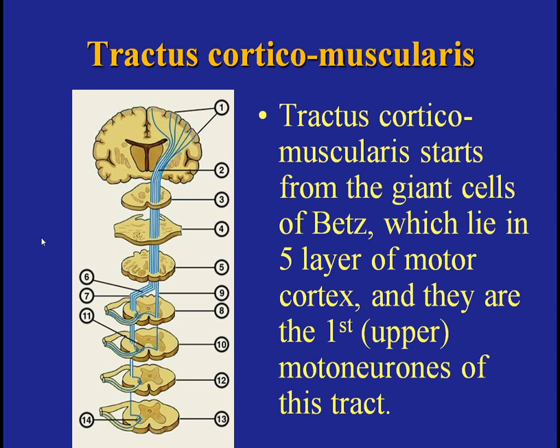Tractus corticomuscularis starts from the giant cells of Betts, which lie in the fifth layer of motor cortex, and they are the first or upper motor neurons of this tract here.